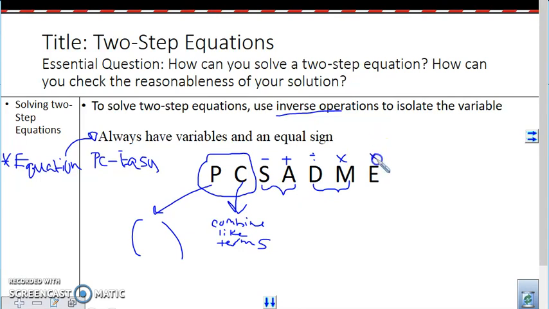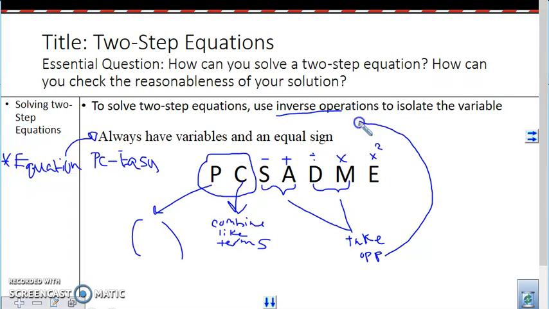Remember, exponents are these numbers here, like the squared. And you're going to take the opposite, which is called inverse. Do the inverse operation to isolate the variable.